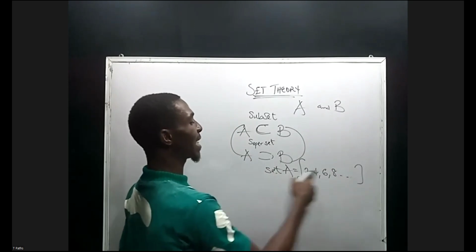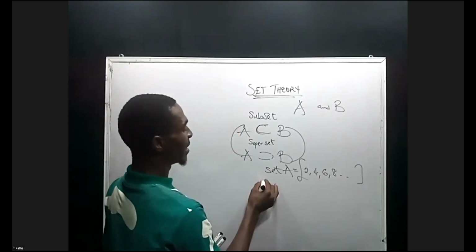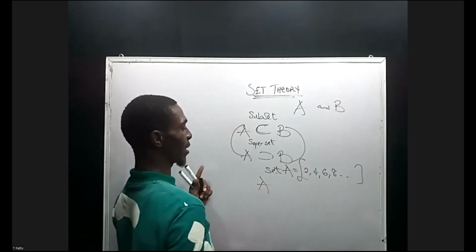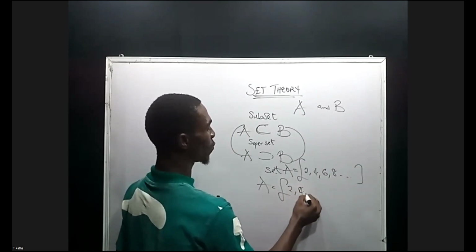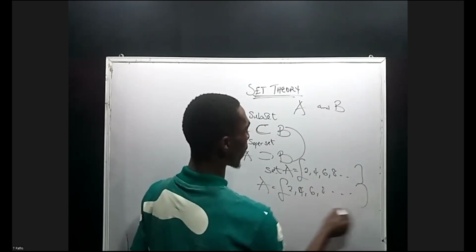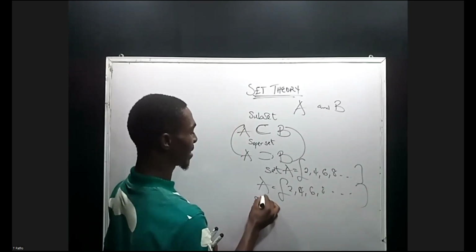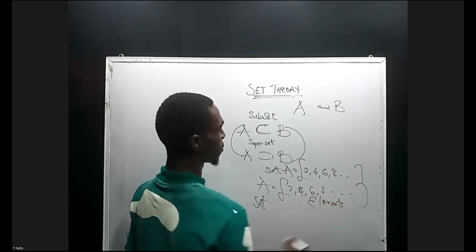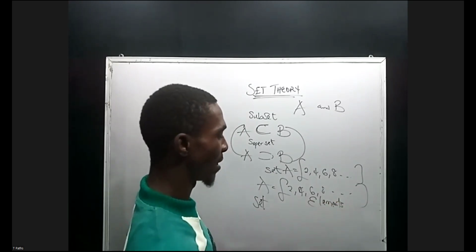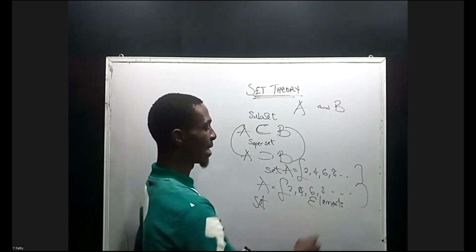Set A is the set we are talking about, and each and every even number, 2, 4, 6, 8, is an element. So this is the set and these are the elements. You should be aware of the difference.